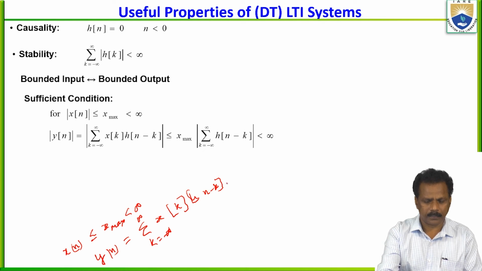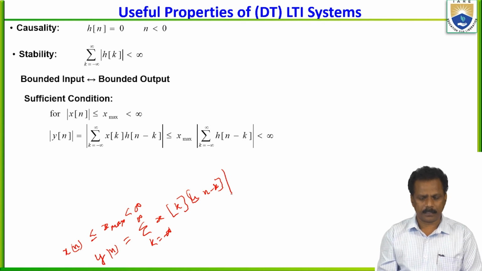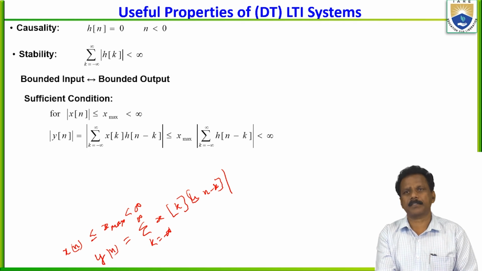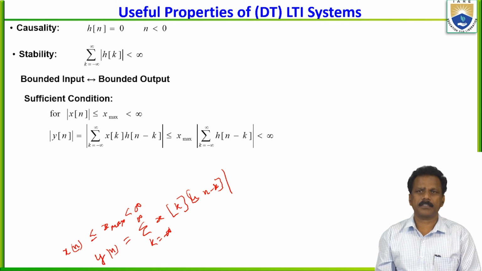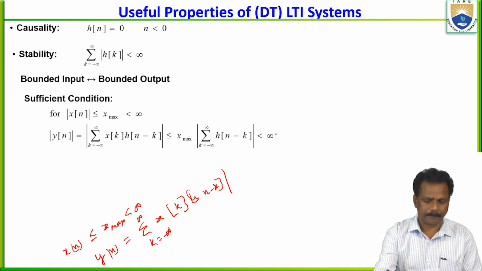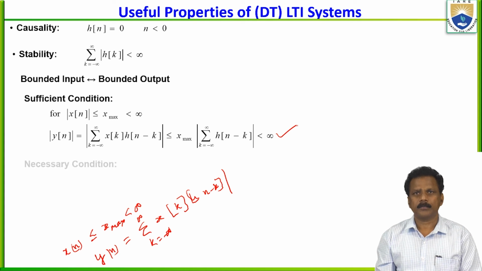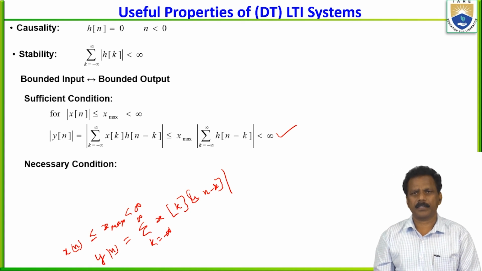Okay, after that we have to verify that it is less than or equal to x maximum times the summation k equal to minus infinity to plus infinity of h of n minus k less than infinity. Okay, like this. Next, necessary condition.